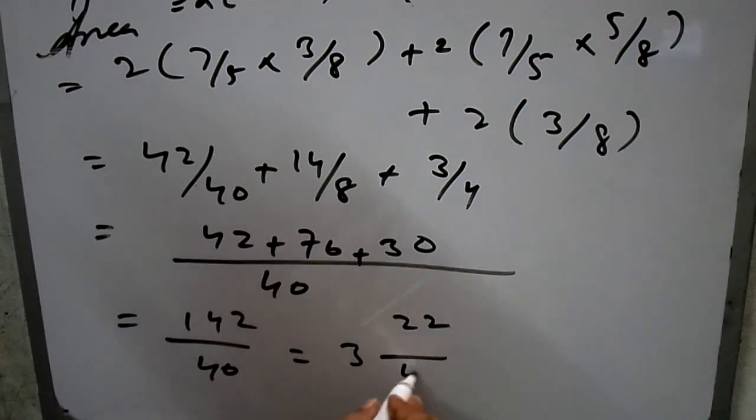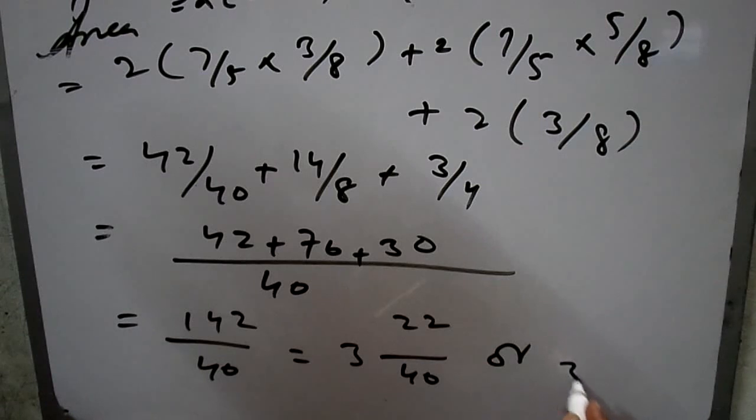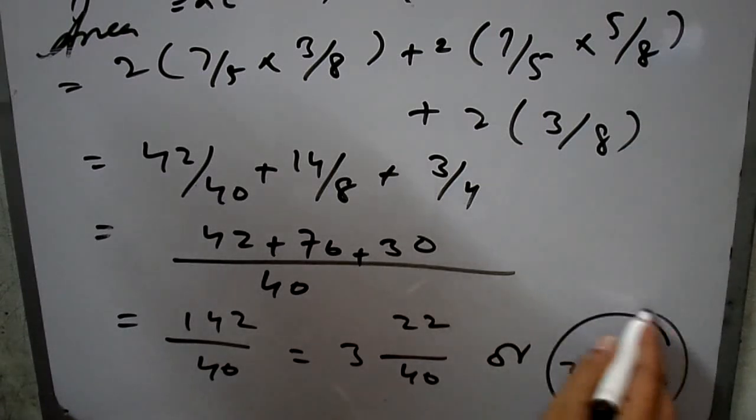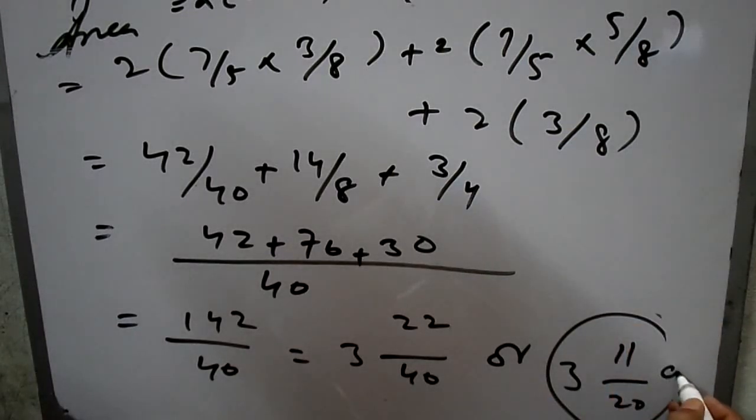You have to divide this. Further by simplification, 11 2s are 22 and 2 20s are 40, so again 3 whole 11 by 20, that is your centimeter squares. That is your surface area.